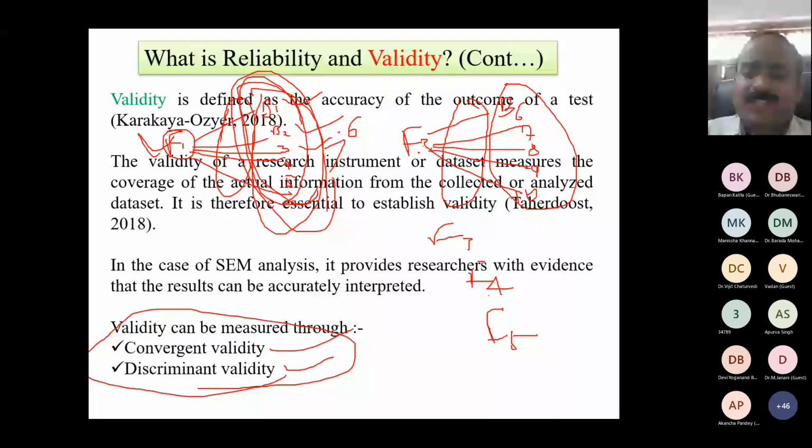The same is the case. In the rest of the construct there are 4 indicators. How far these 4 indicators are successfully discriminating F5 from rest of the 4. So this is what is called discriminant validity. I will show you in the Amos operation.